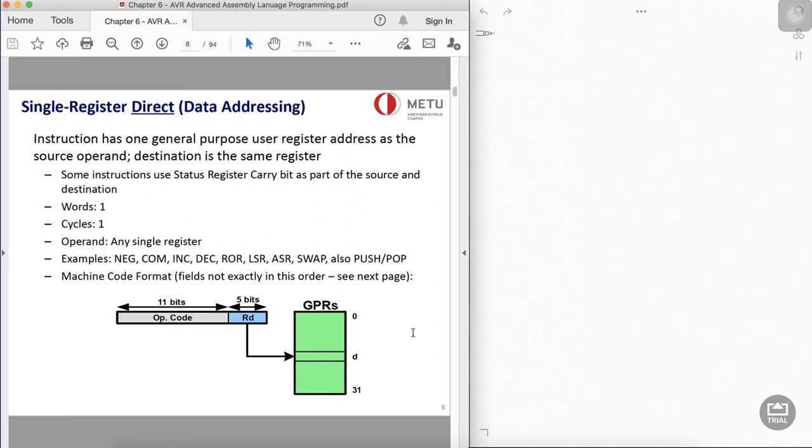Negate R20, complement R16, decrement R5, rotate right R7, arithmetic shift right. You just specify the register and you have the instruction in front of it. So 11 bits of it is an opcode and the 5 bits is the operand side.